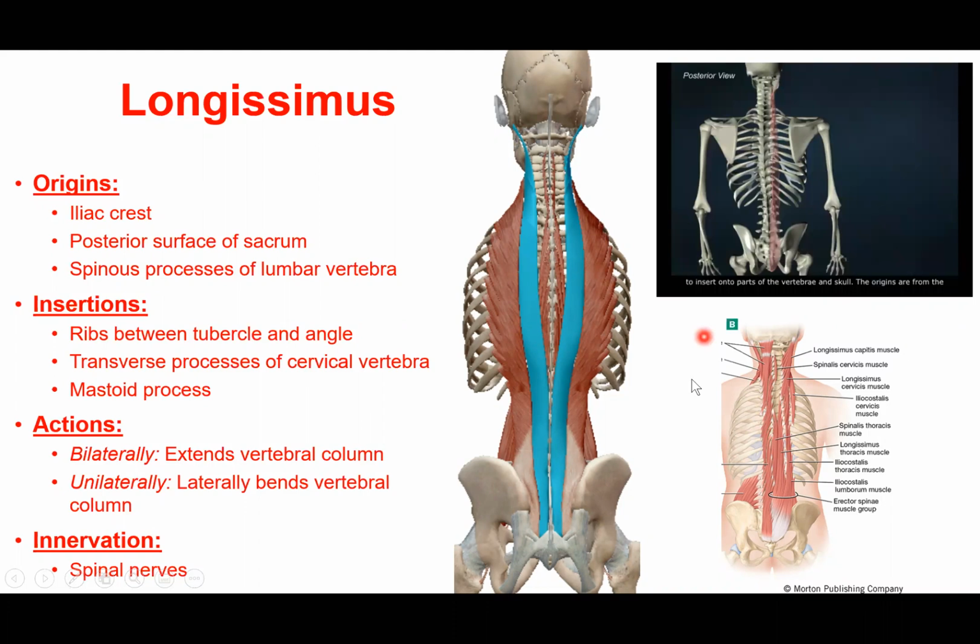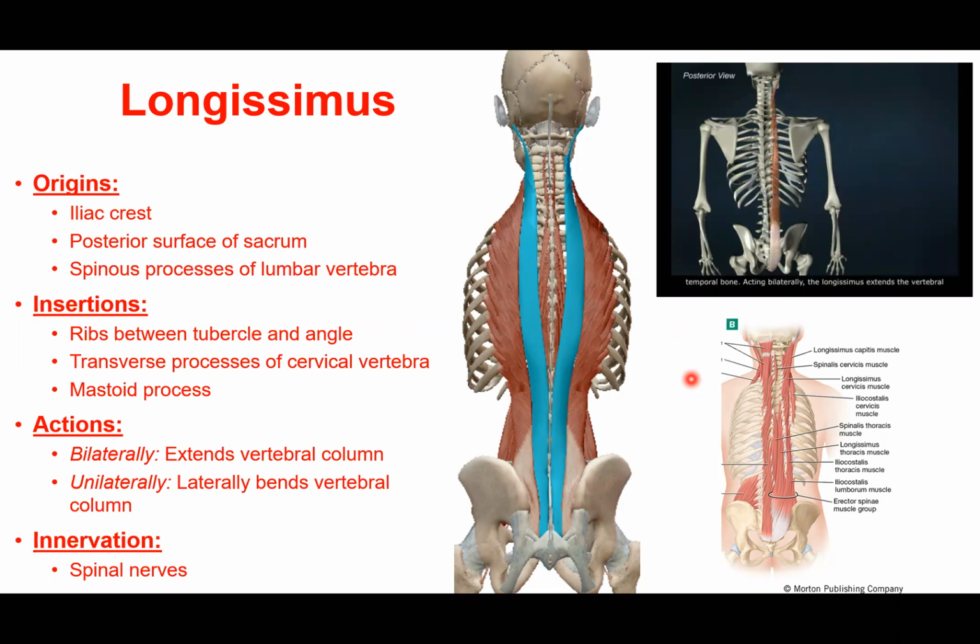The origins are from the thoracolumbar fascia, the transverse processes of L4 through L1 and T5 through T1, as well as the articular processes of C7 through C4. The insertions are to the transverse processes of T12 through T1 and C6 through C2, to ribs 12 through 4 between the angle and the tubercle, and to the posterior margin of the mastoid process of the temporal bone.